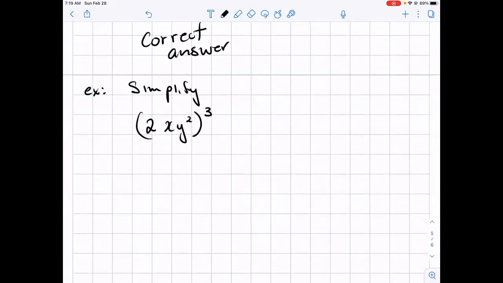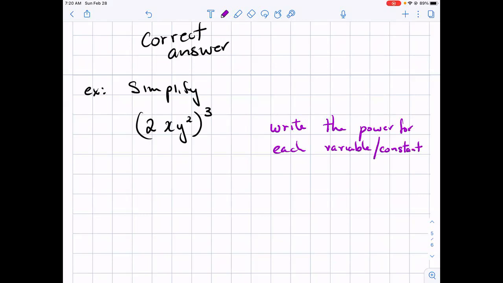So why don't we write the power for each variable or constant. What I mean is write it as 2 to the first, x to the first, y squared is there, and the 3 is outside.